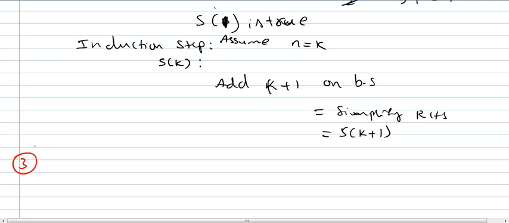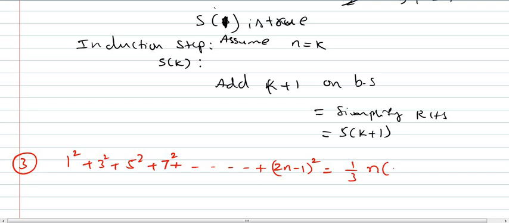Third example: suppose we have the equation 1 square plus 3 square plus 5 square plus 7 square plus so on plus 2n minus 1 whole square. This is the equation given to prove is equal to 1 by 3 n into 2n minus 1 into 2n plus 1.